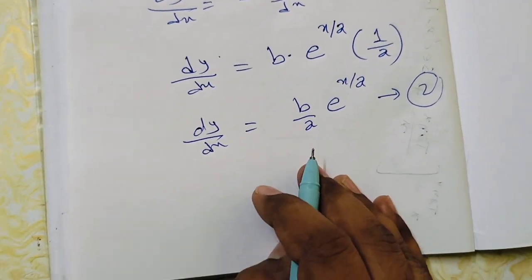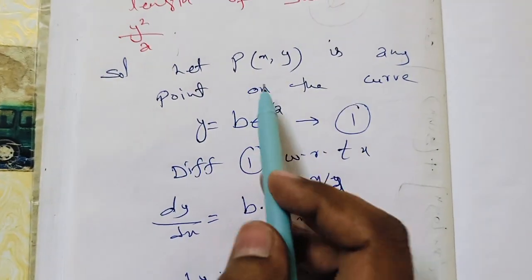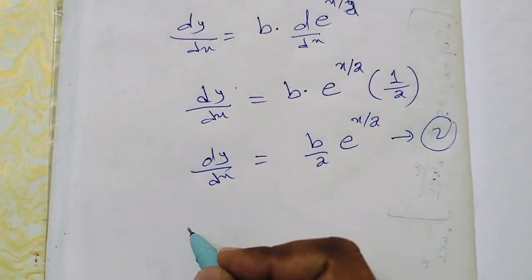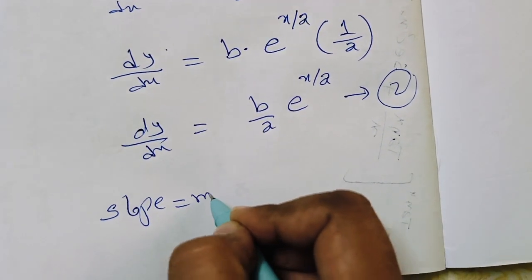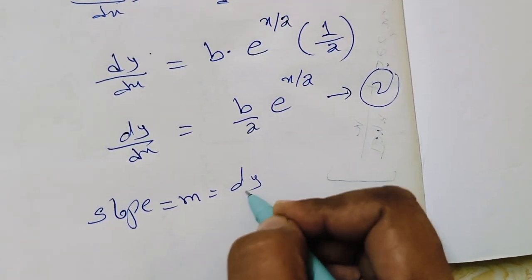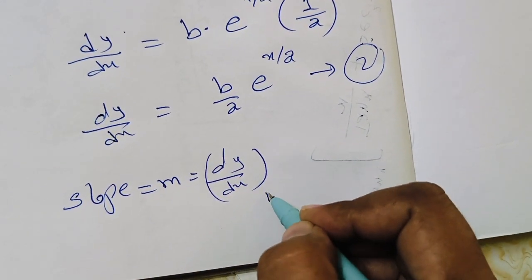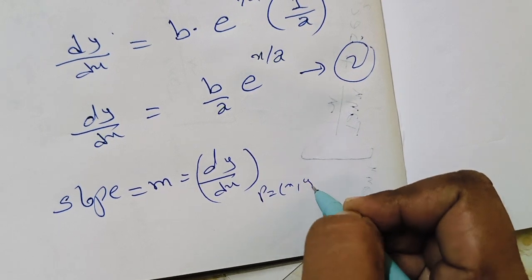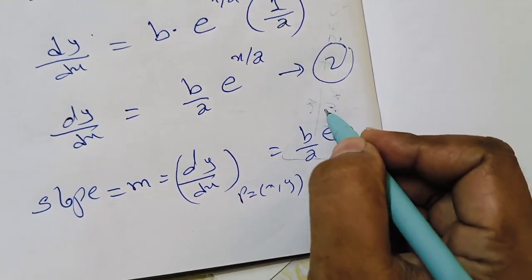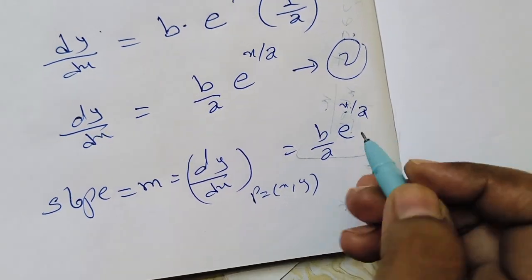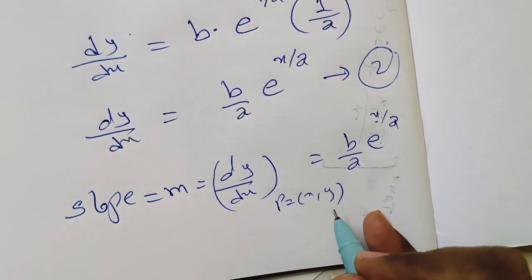Now we have to find the slope. To find the slope, we have to substitute the point (x, y). The slope is denoted by m = dy/dx at the point P(x, y) = (b/a) e^(x/a). Wherever x and y are there, we have to substitute the given point.